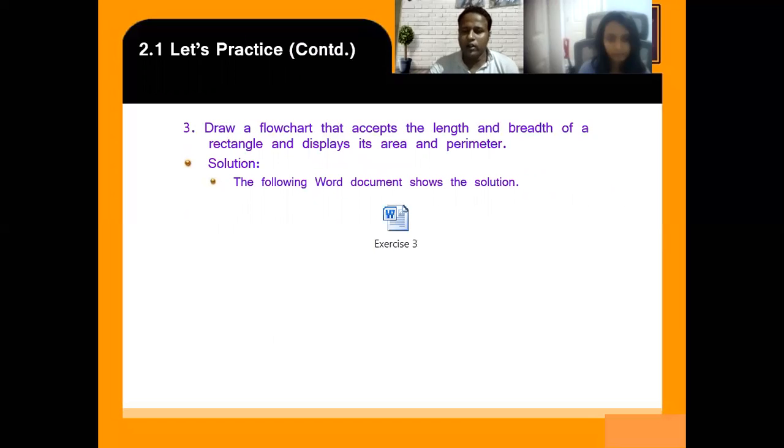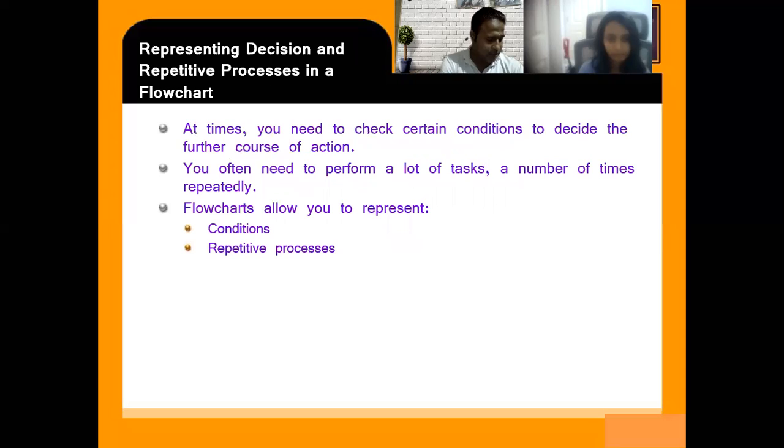For checking that, you take some sample values and check one by one, every step, whether it is accurate or not. Yes, clear. So in the next class or tomorrow, we go for conditional and repetitive processes.